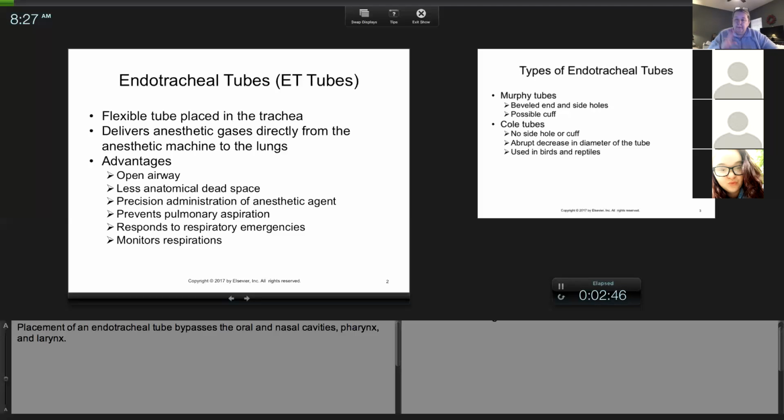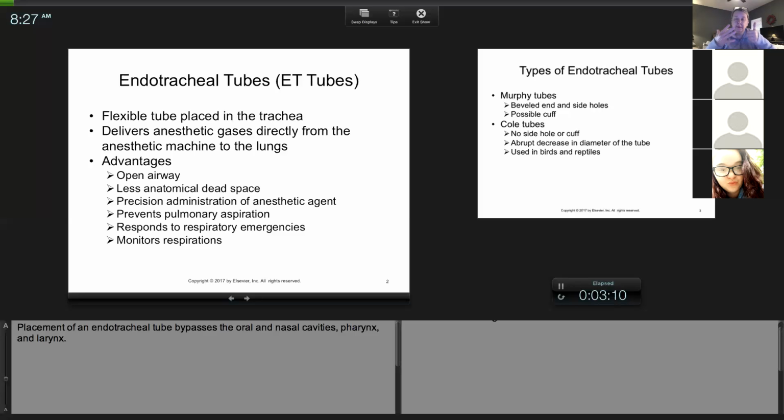Let me back up. You could sometimes anesthetize an animal with a mask, where you put a mask on their face and they inhale through the mask. But then the anesthetic gas has to travel through the nares, through the nasal passages, through the pharynx, through the trachea, all the way down to the bronchioles and the alveoli.